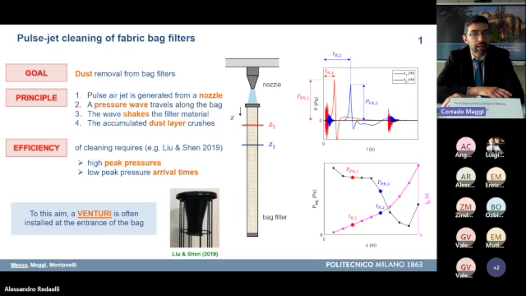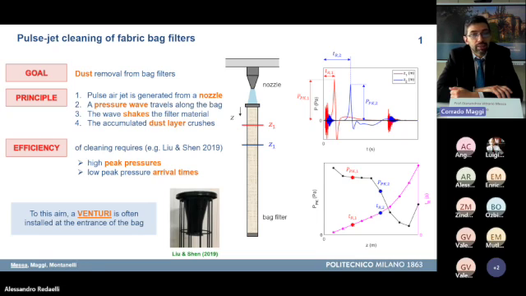The two curves are shown in the bottom right corner of the slide. According to the literature, the higher the peak pressure and the lower the arrival times, the higher the cleaning efficiency.